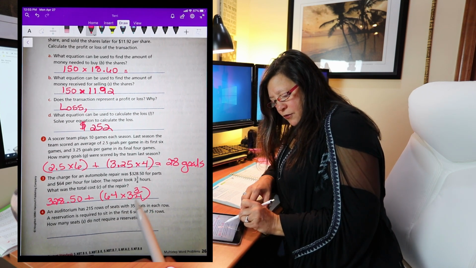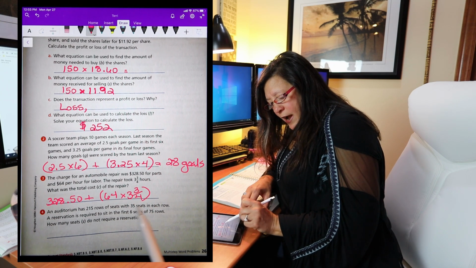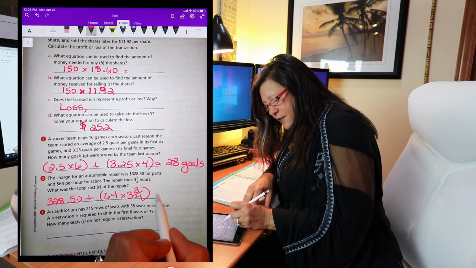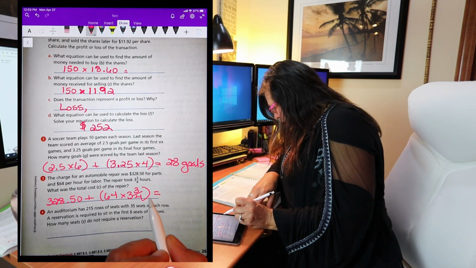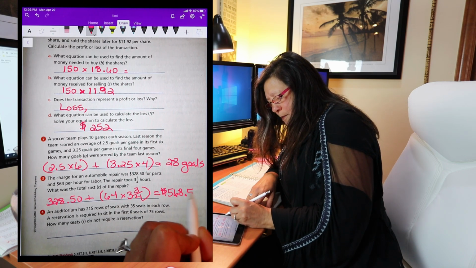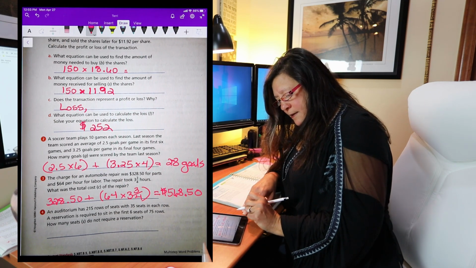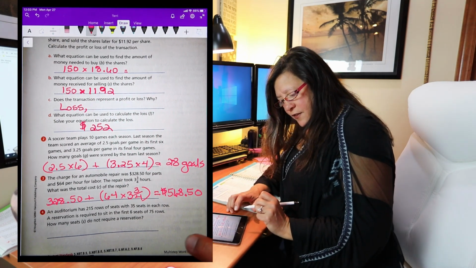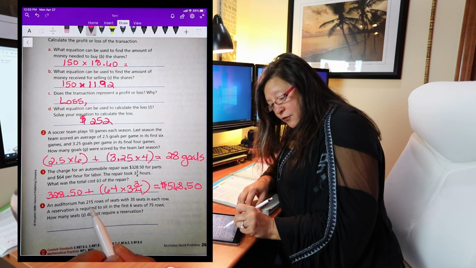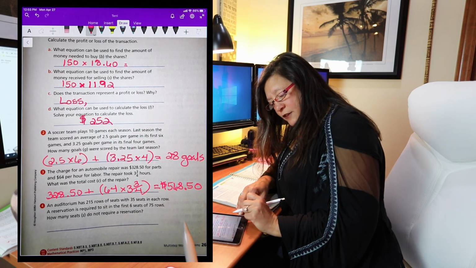So again, turn your 3 3/4 into an improper fraction, multiply it by 64, add that to your $328.50, and you should end up with $568.50. I would expect you would do the math to make sure you get the same answer, and then you know that you did it correctly.